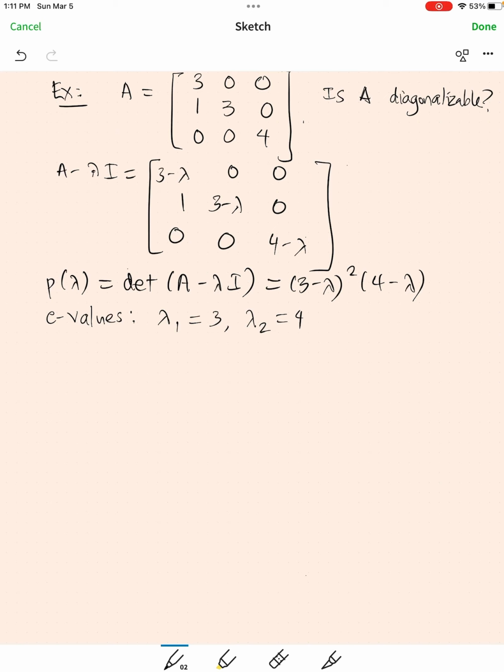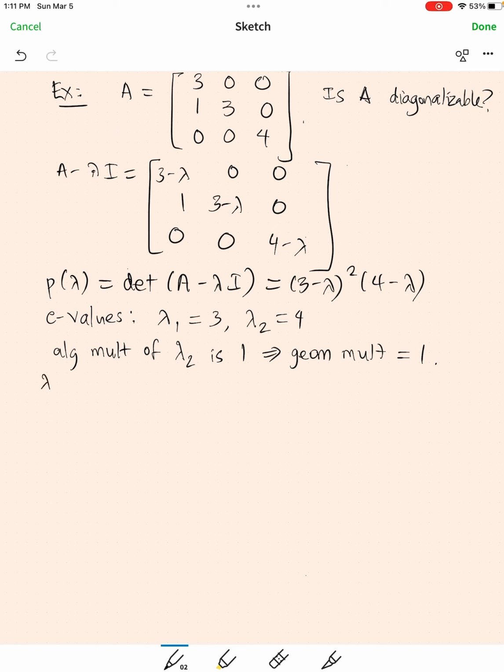Okay. And again, I see that the algebraic multiplicity of lambda 2 is 1, so that tells me that the geometric multiplicity is also 1. And so the only work you have to do is for lambda 1, which is 3.